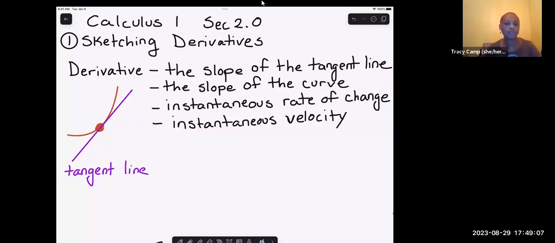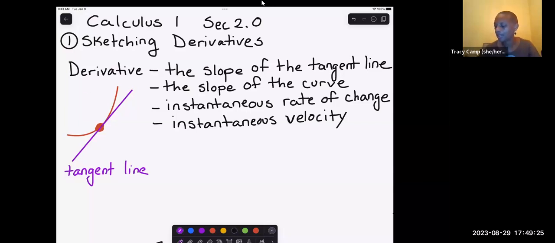And specifically, if you're talking about a position function, a function that represents the location of some object, then the derivative represents instantaneous velocity. So the derivative represents all these things that I wrote down here.